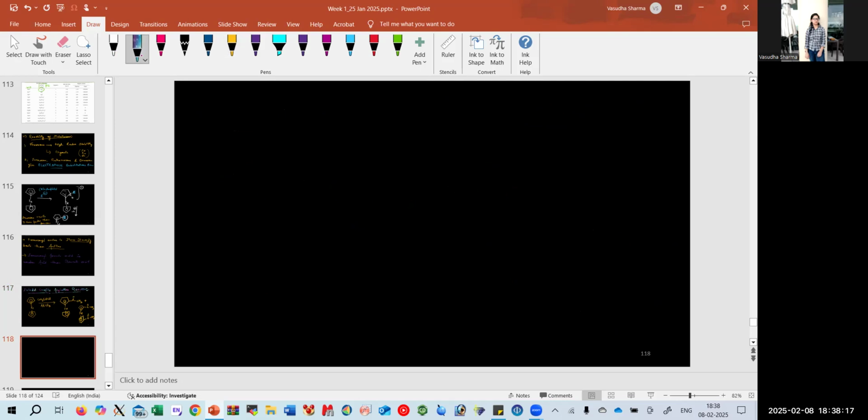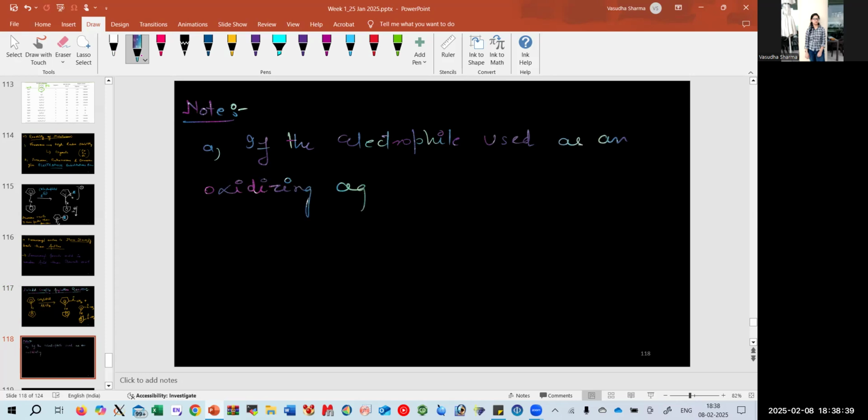Also, it has been seen that if the electrophile used acts as an oxidizing agent, then the substitution reaction can be suppressed by the formed ferrocenium ion, meaning it can help in oxidizing the ferrocene and it would no longer be a substitution reaction.